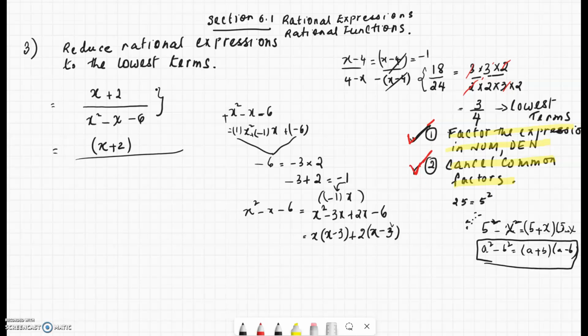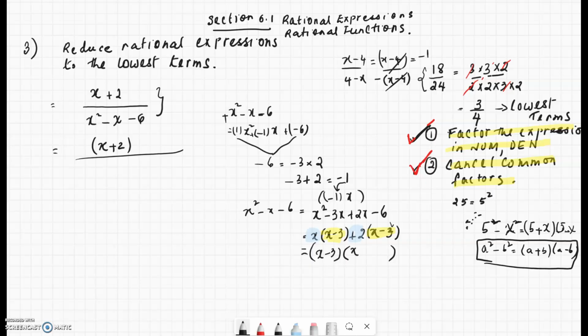Factor the 2 out and you get an x. Next, the common factor is x minus 3. And once we factor that out, we'll be left with x plus 2. So let's do that. Factor the x minus 3 out times, the terms left over from each.